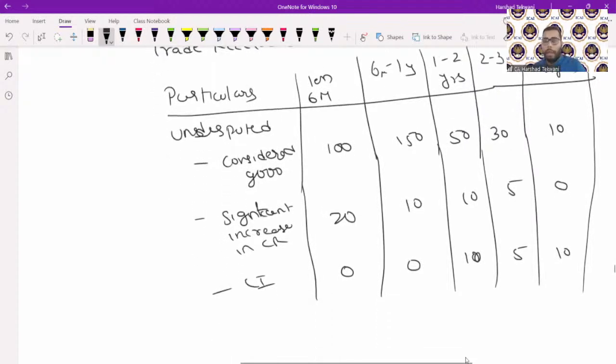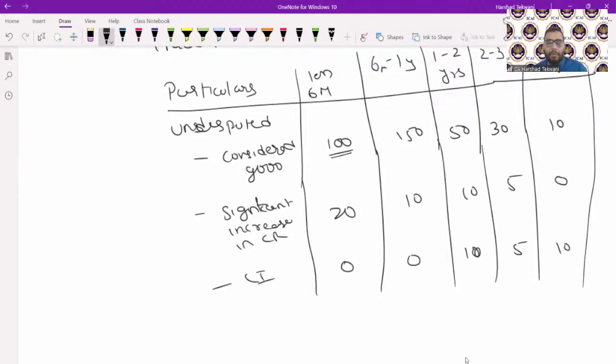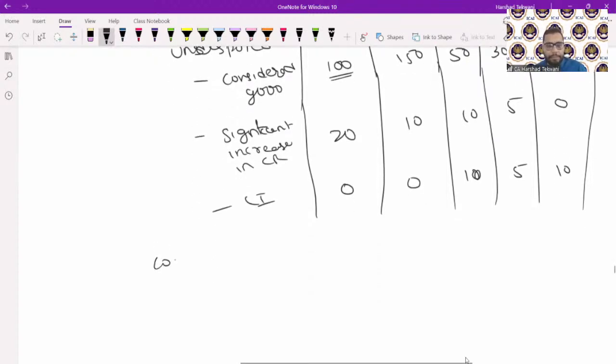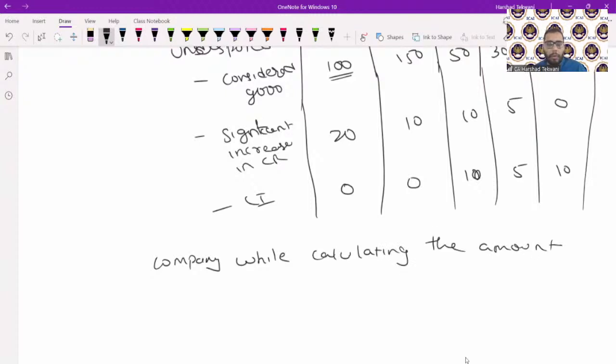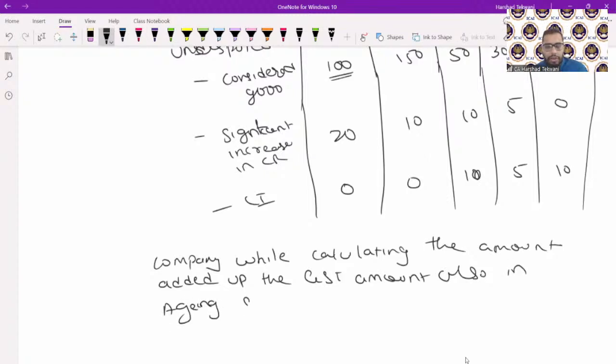Fine, clear. Now, while calculating the aging or while calculating this amount, what the company does is, the company added up the GST amount also in the aging schedule.